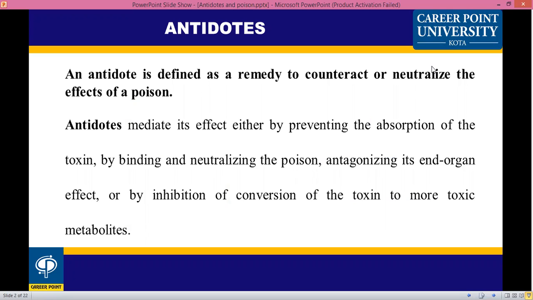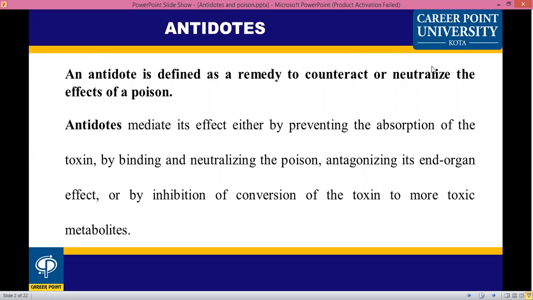Antidote mediates its effect either by preventing the absorption of toxin, or by binding and neutralization of poison, or by antagonizing its organic effect, or by inhibition of conversion of toxin to more toxic metabolites.